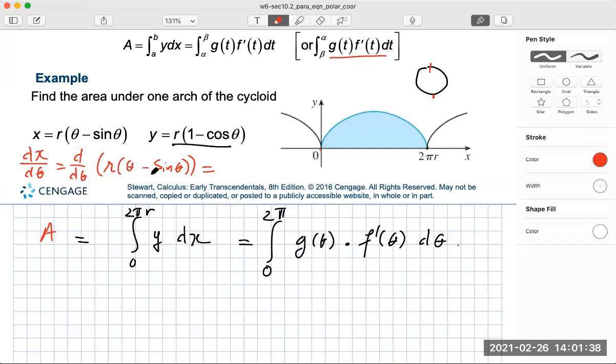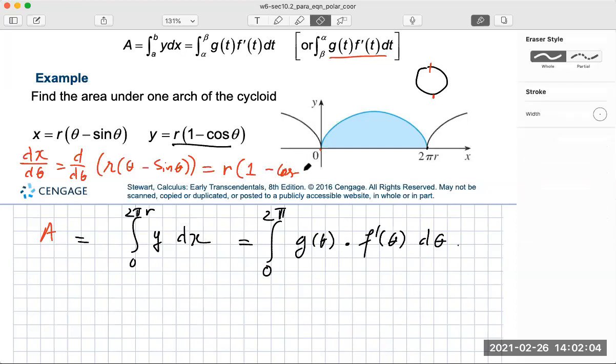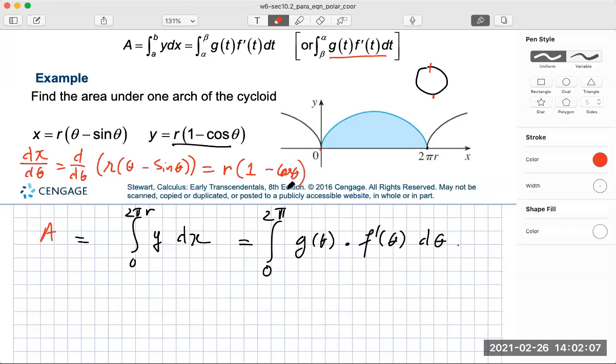Does not affect this guy. Therefore, we have r times, what is it? Yes, the derivative of sine gives us cosine, right? Minus cosine theta here. Very good. Thank you, Jacob. So is it clear to everyone?